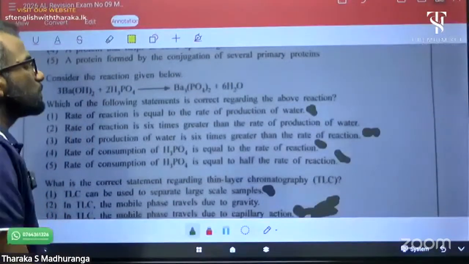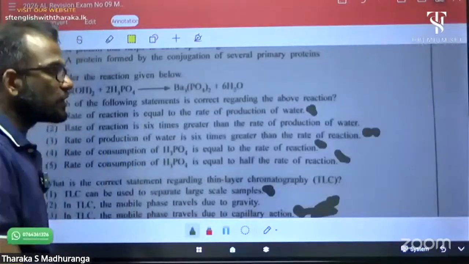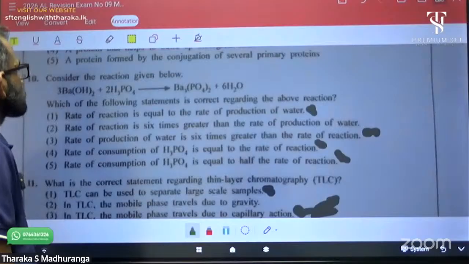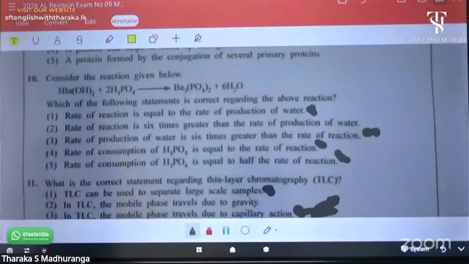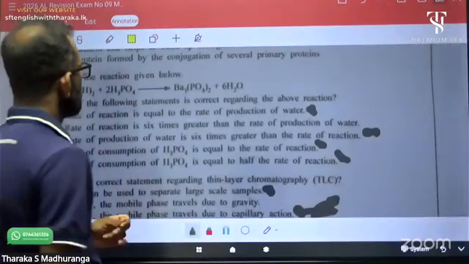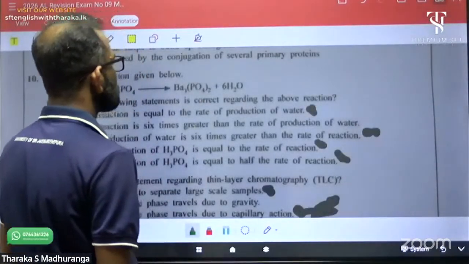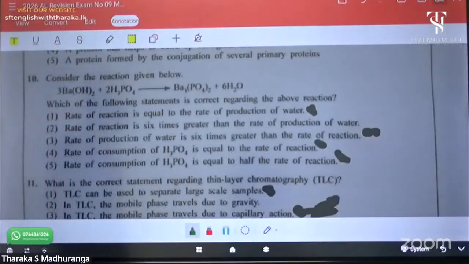I have given all the conjugated proteins in the table. Consider the reaction given below. Barium hydroxide reacts with hydrophosphate, producing barium phosphate and water.